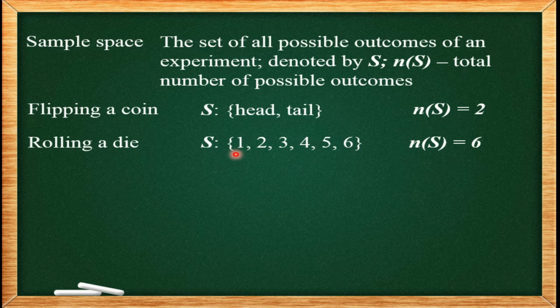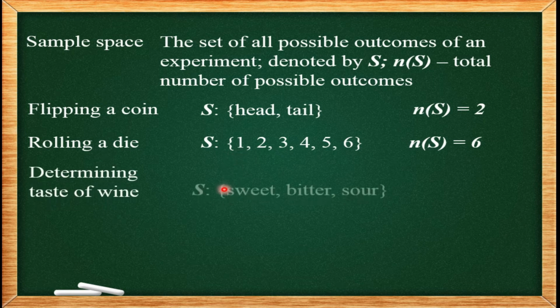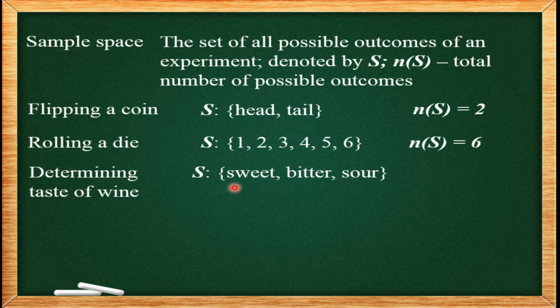Let us consider the last example. Determining the taste of wine. As was said a while ago, we can describe the taste to be sweet, bitter, or sour. So enumerate the possible outcomes.